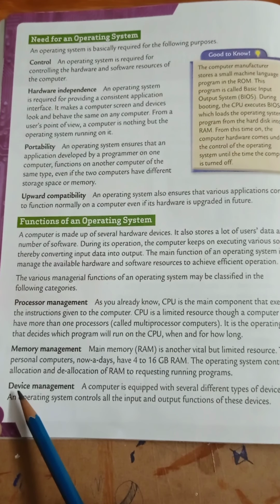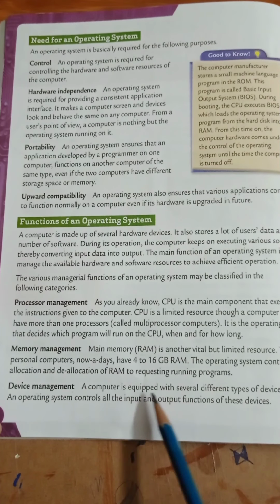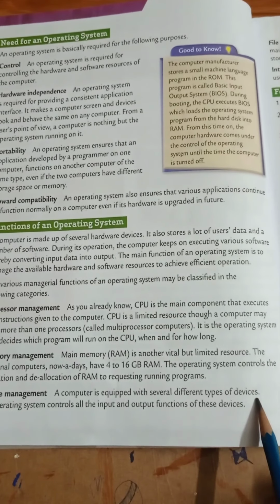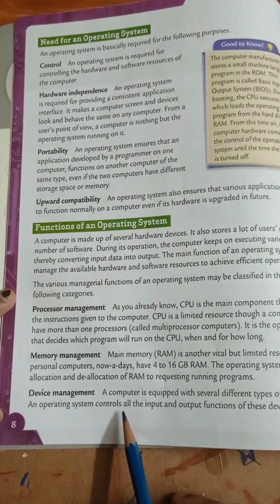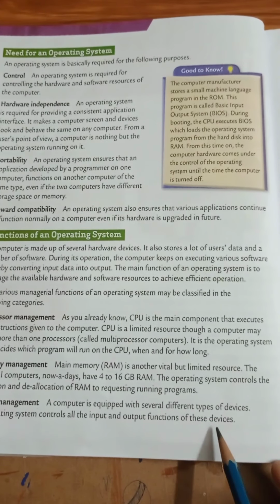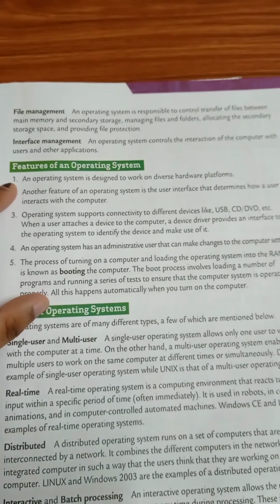Next is device management. A computer is equipped with several different types of devices. An operating system controls all the input and output functions of these devices. Next is file management.